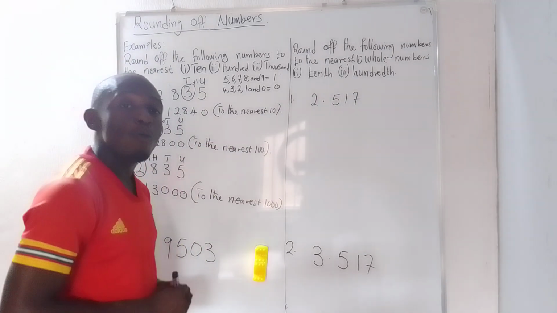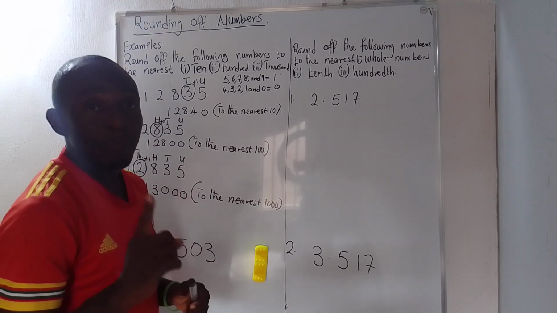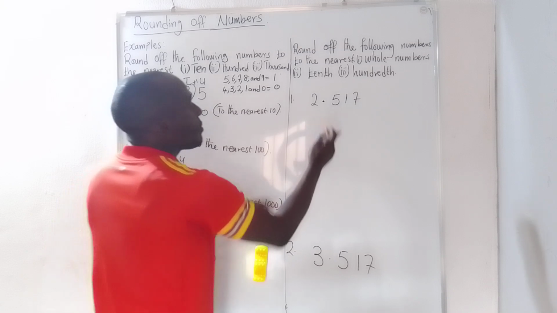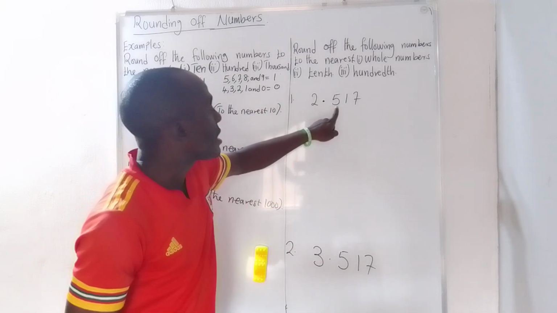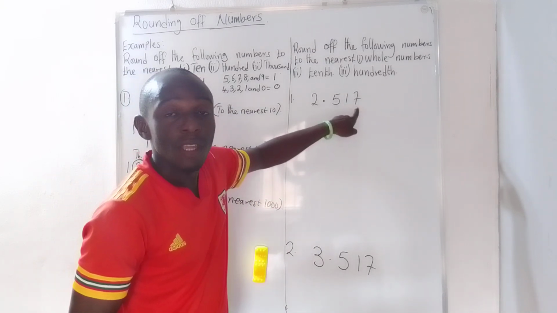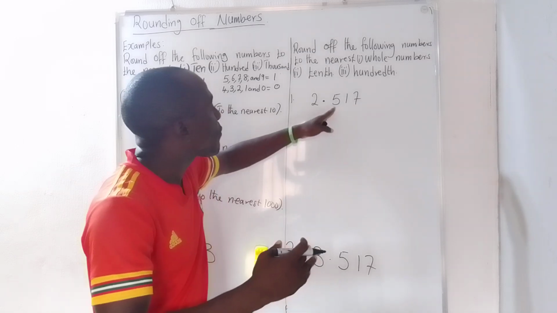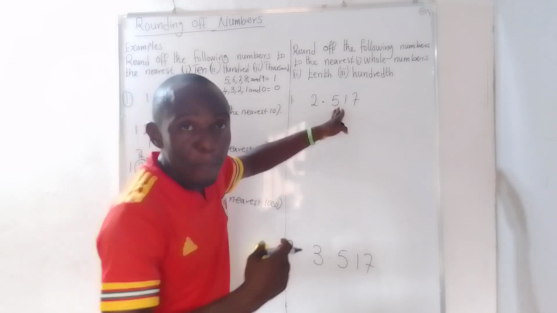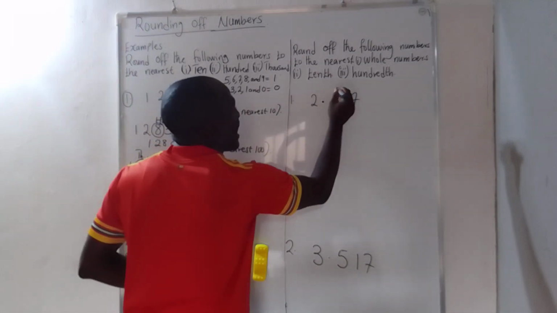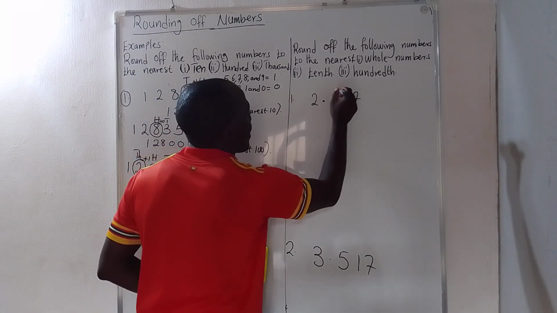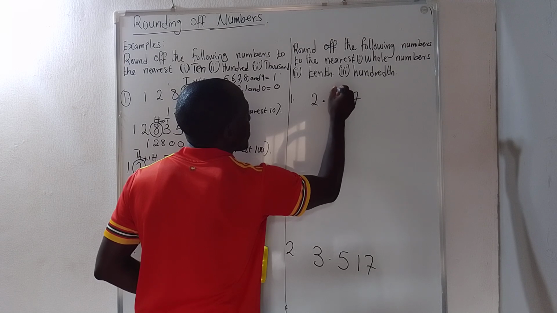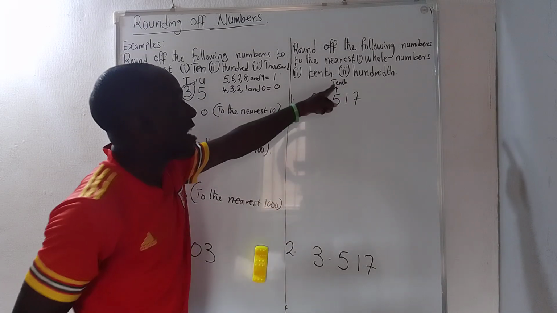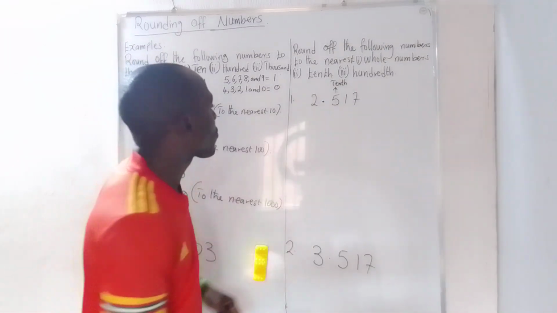Now, before we move further, there's something I need to bring to your notice. Any numbers after the decimal point, let's say this 5, 1, 7, numbers starting immediately after the decimal point, you don't start them with units. From the decimal point, we start them with tenths. So this one is labeled as tenths, that is, instead of T-E-N, we add T-H.